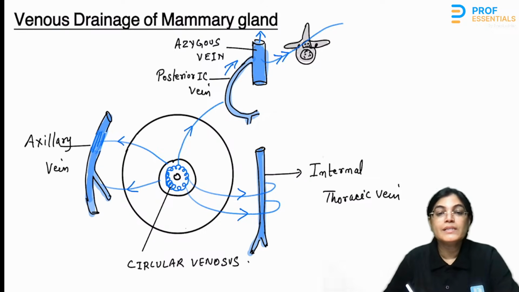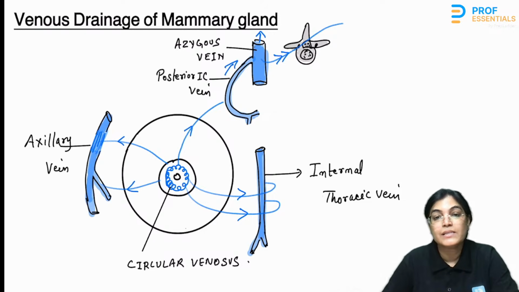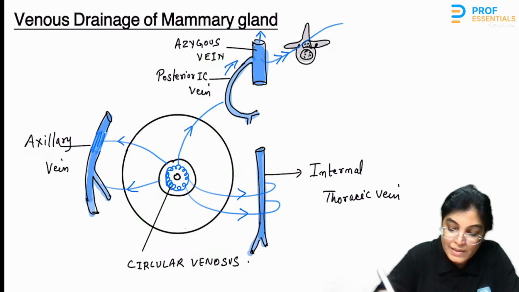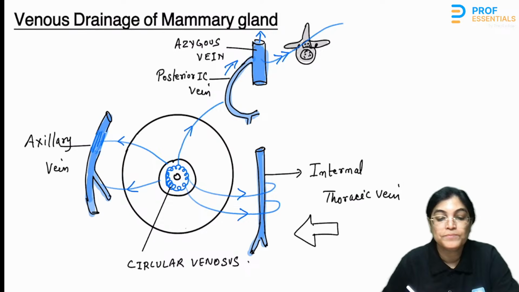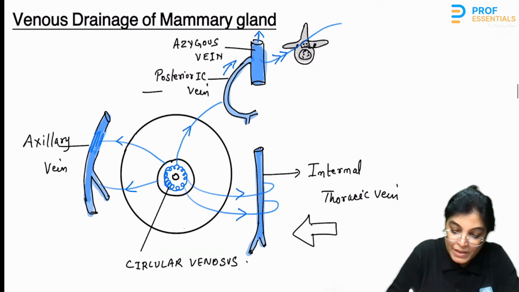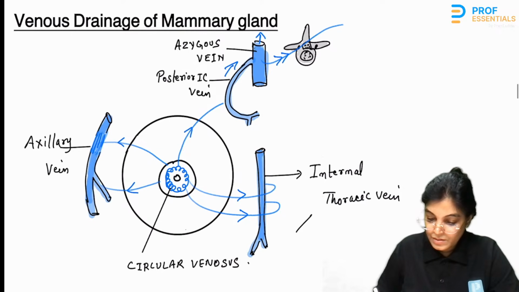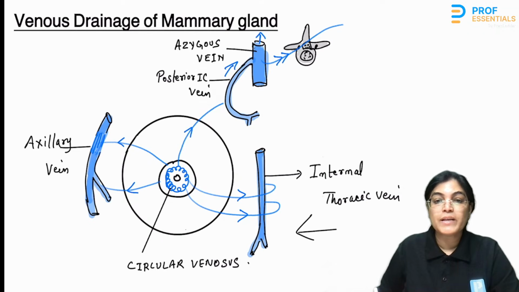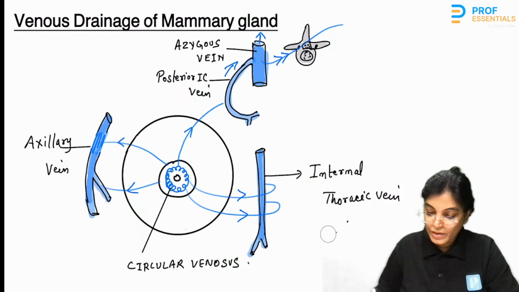Okay, and you can see this is showing you communication which happens to the internal thorax. So you can clearly see this communication is happening via the internal thoracic vein. Okay, this communication is in the following important directions.